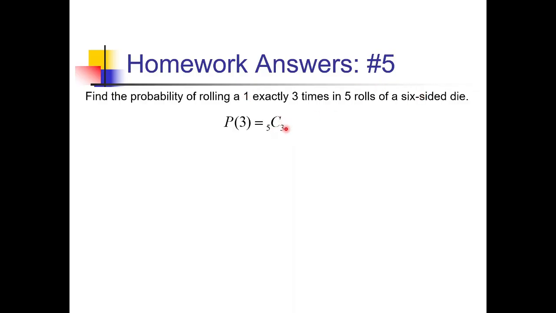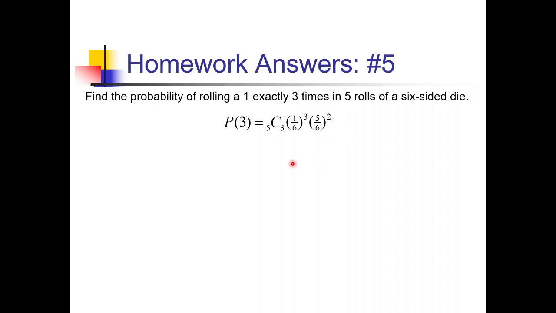And we want 3 successes, so 1/6 to the 3rd power is this next piece. Now we need the probability of failure to the number of failures. So if 1/6 is success, then 1 minus that, or 5/6, is failure. And then we need 5 minus 3, or 2, for the number of failures.